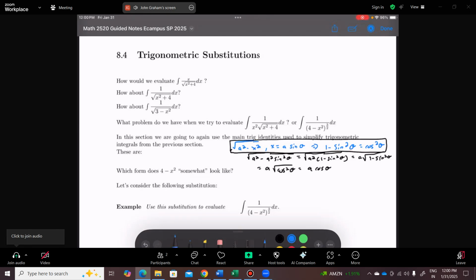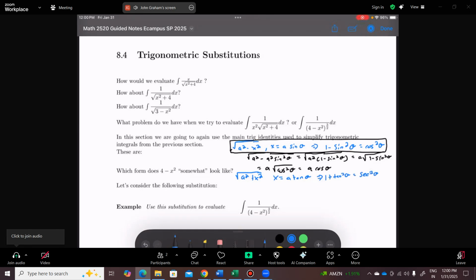Then I'll just write the other two. Square root of a squared plus x squared. Here x equals a tangent theta. So then you get 1 plus tangent squared theta, which will be equal to secant squared theta.